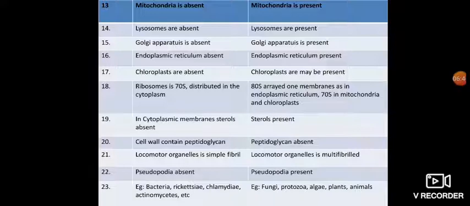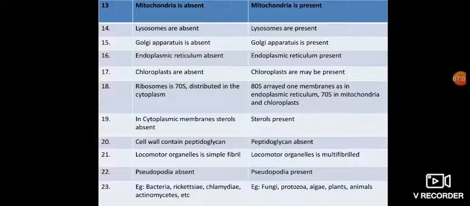Locomotion is done by different types of organelles, which we have already considered. The last point is specific examples of which are prokaryotic cells and which are eukaryotic cells. Prokaryotic cells have examples like bacteria, rickettsia, and different types of actinomycetes.